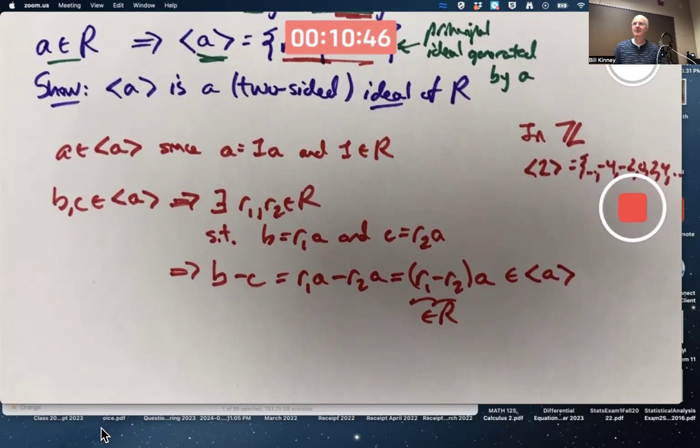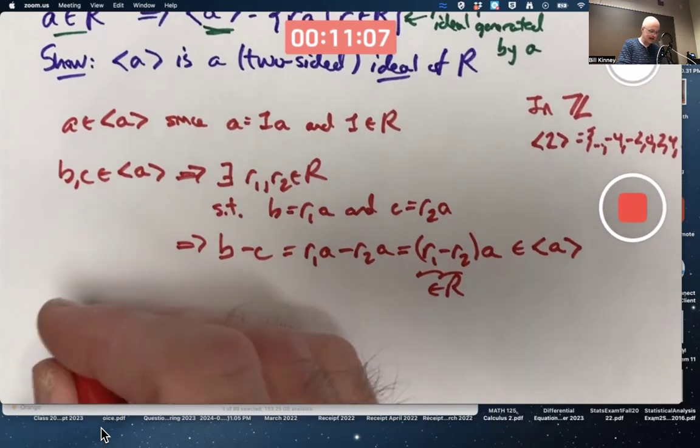Then the last step is to do more than show it's closed under multiplication, which we needed to do with a subring test. It's more than that. We need to show it's what I call super closed, or super absorbent, you might say. It's like a paper towel that absorbs everything.